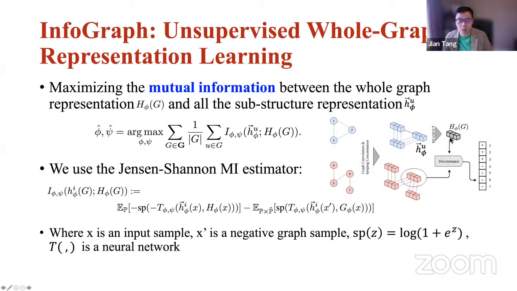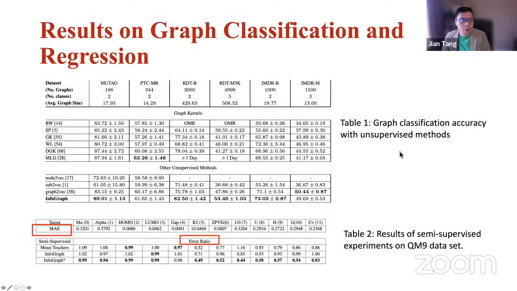By doing this, we can train our graph neural network, or our graph encoder. So that's the essential idea. We compare our algorithm with some classical methods for unsupervised graph representation learning, including graph kernel based methods, node embedding based methods, and some simple methods for graph embedding.